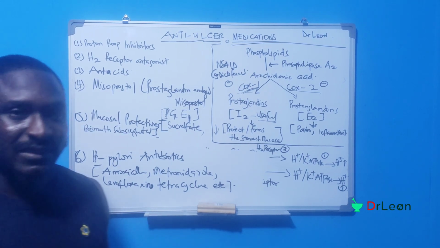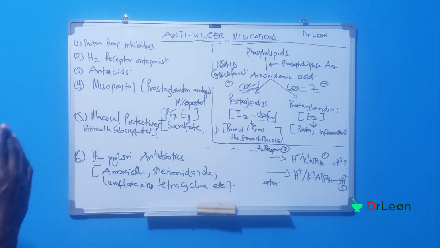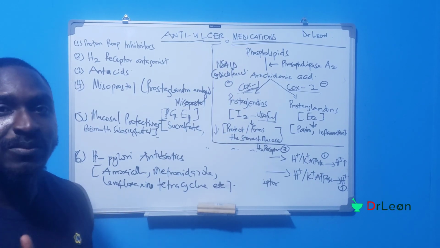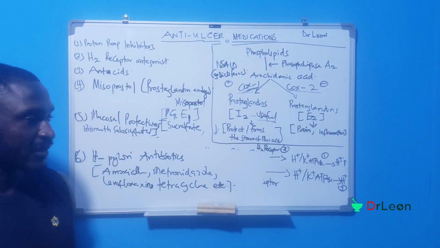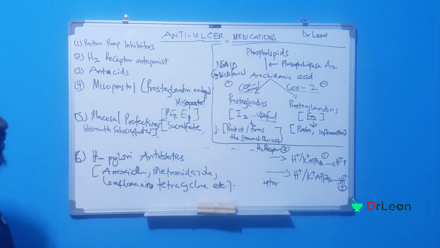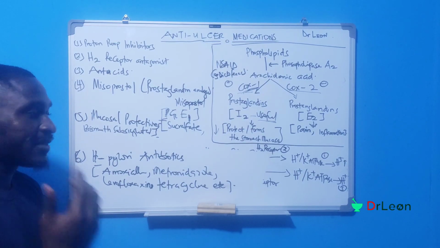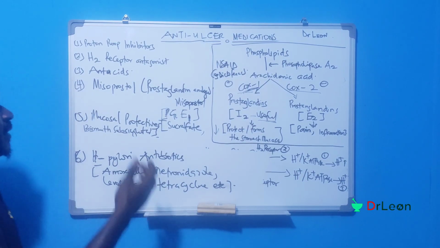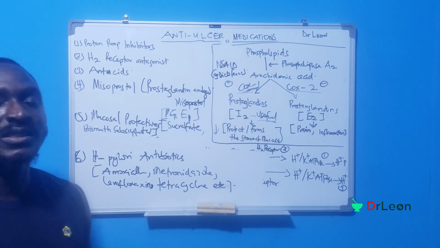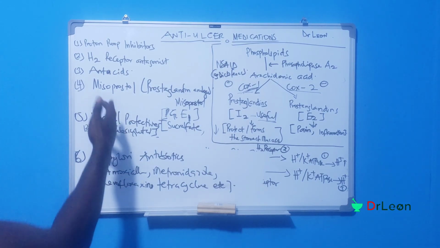We've gone through the classes of anti-ulcer medication, and we've actually tried to explain how each of them work to prevent acid production. We have the proton pump inhibitor. They actually inhibit the proton pump. H2 receptor antagonists, they block histamine from binding to their receptor, which is H2 receptors.